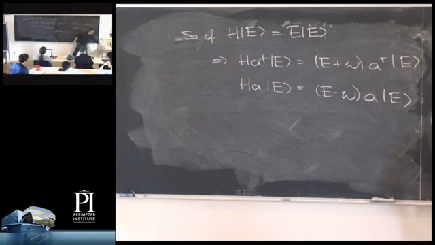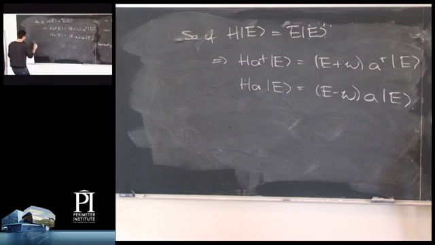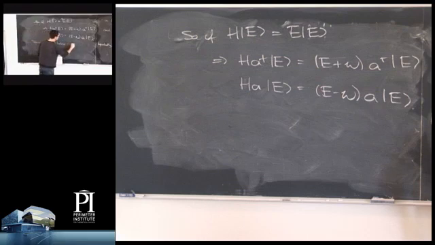And this stops only if A acting on one state vanishes, so that we don't have another state to go to. So spectrum bounded below implies that there exists a ground state, which is defined by the fact that it's annihilated by the annihilation operator.